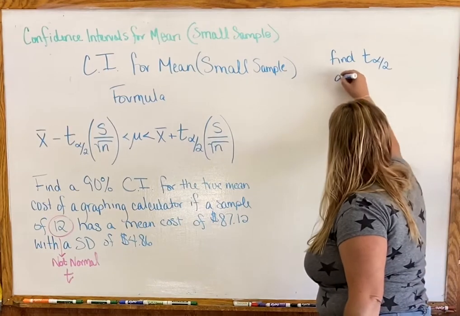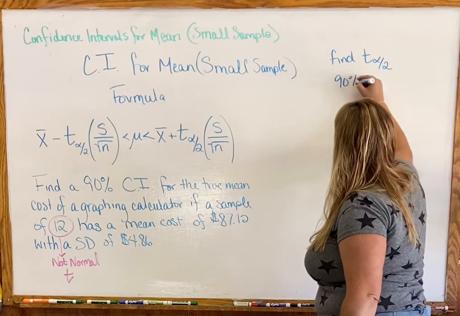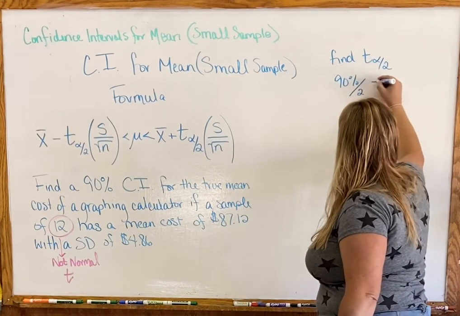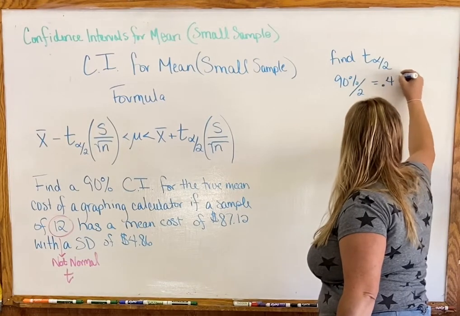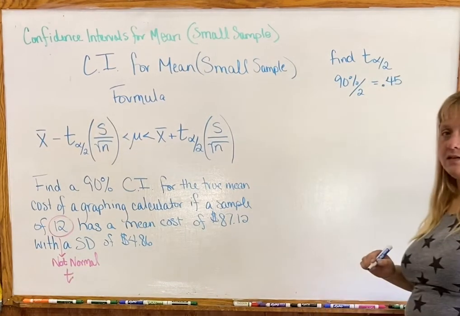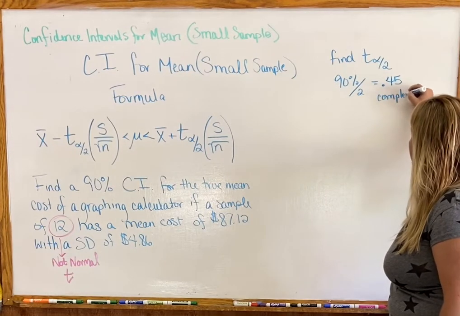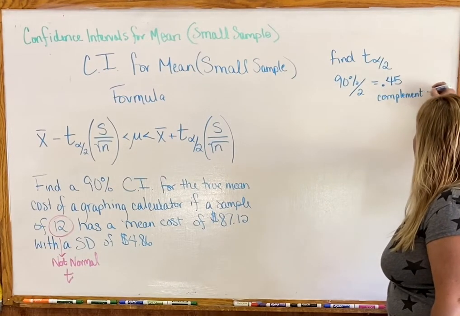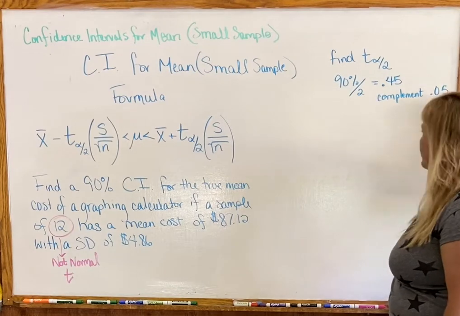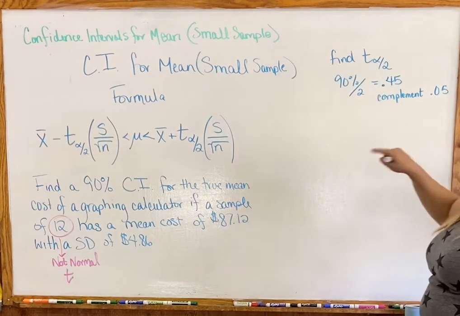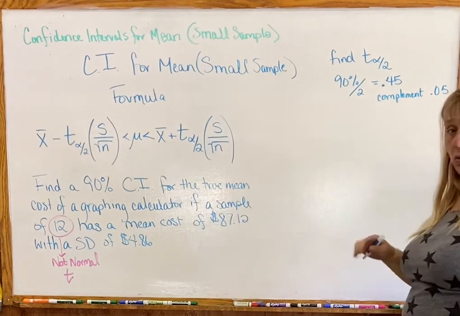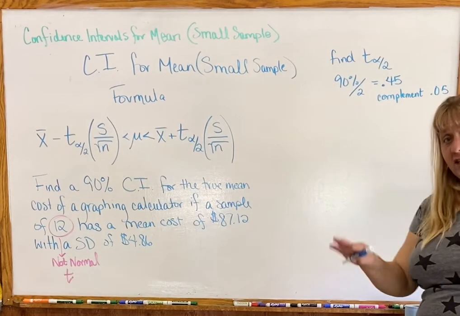If we've got a 90% confidence and we divide that by 2, that puts us at 0.45, or 45%, which means the complement is 0.05. We just did 2 examples of this where we drew the graph and showed each step.